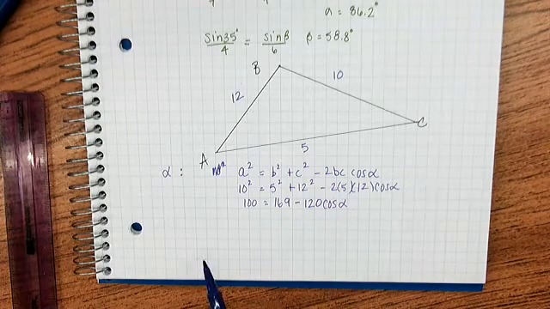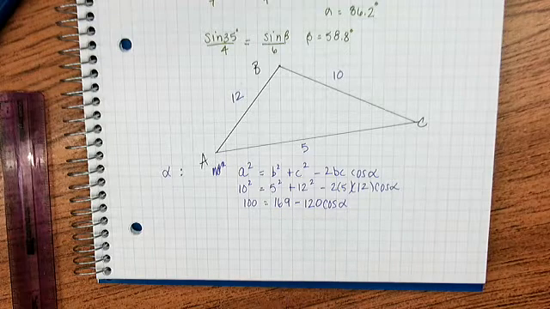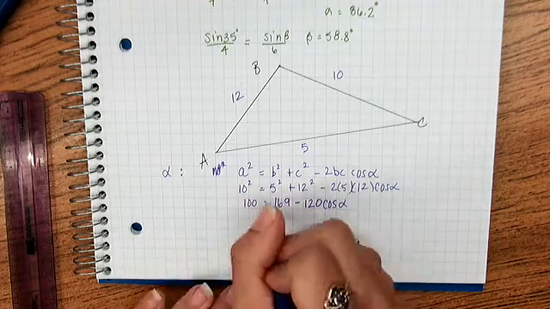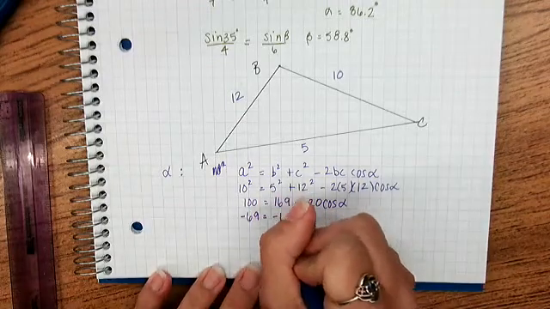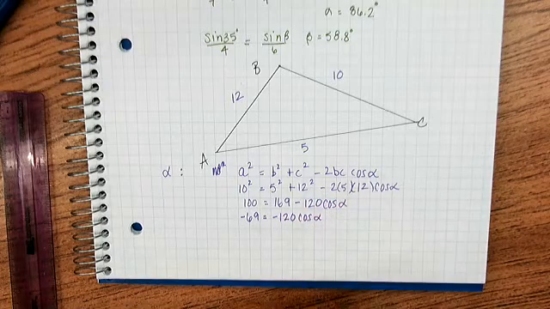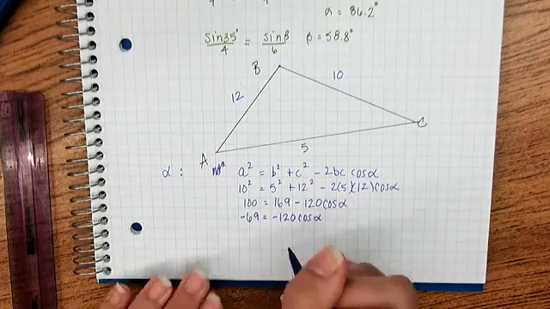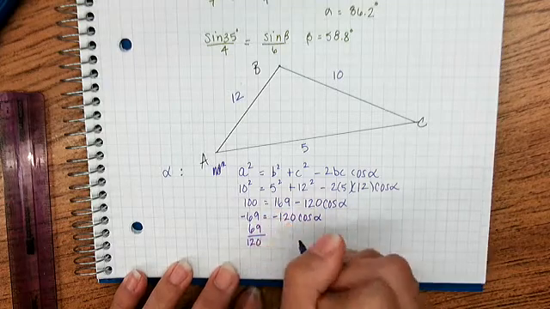These are not like terms. I cannot tell you how many times I see that this is 49 cosine alpha. No, no, no, no, no. Subtract 169, excuse me. So you get negative 69 equals negative 120. You do not need to show all these steps. Again, for the purpose of the video, I'm hoping that you're going to see, oh, this is where the mistake comes in.